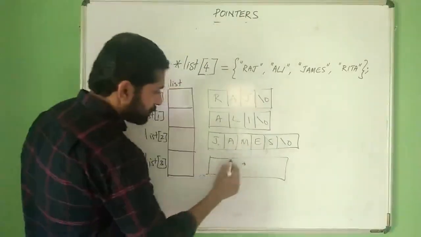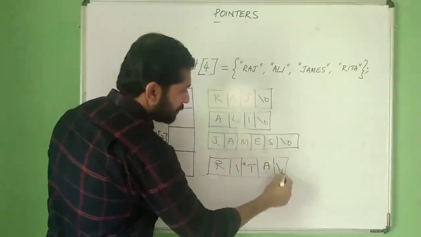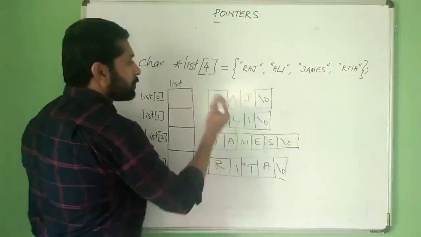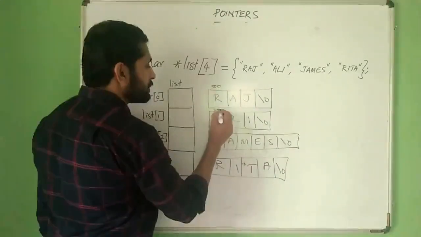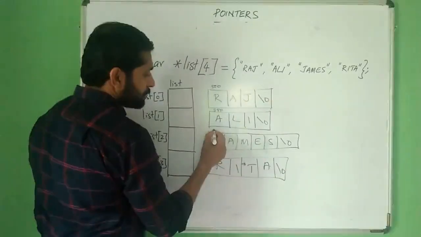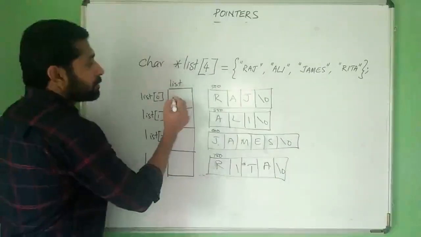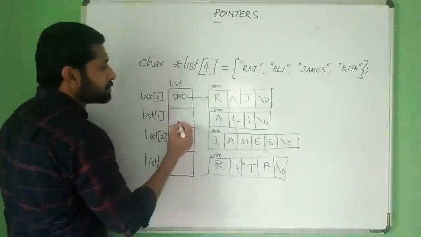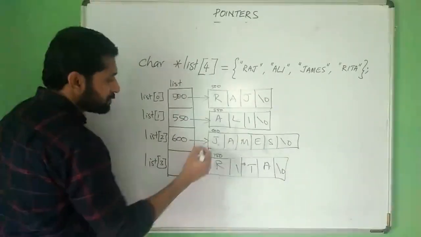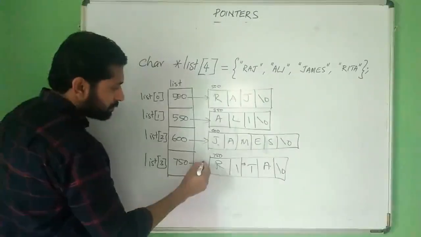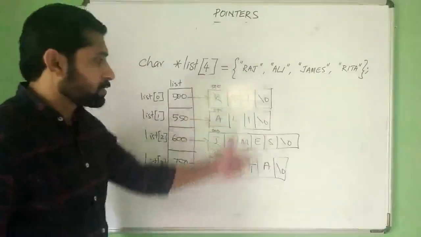Here another set of bytes, Rita. Suppose the base address of these is, say, 500, this be 550, this is say 600, say this is 750. So here this contains 500, so this points to this. This contains 550, this points to this. This contains 600, this points to this. Here contains 750, this points to this. In this way, we can handle a set of strings.